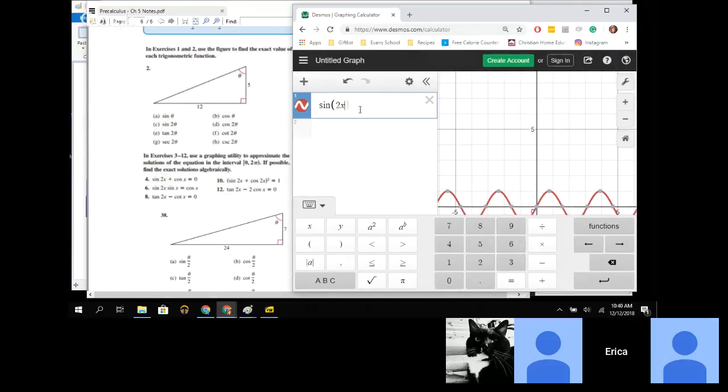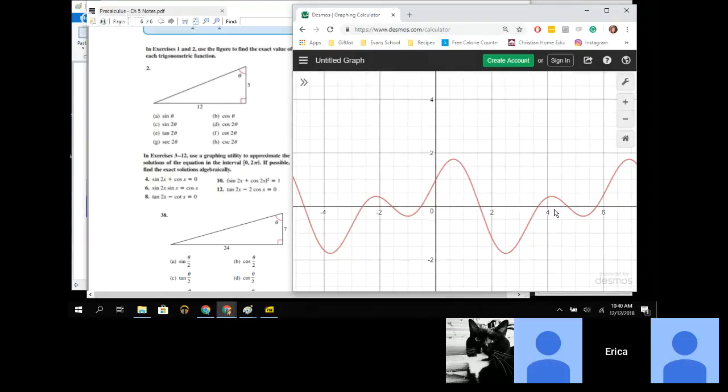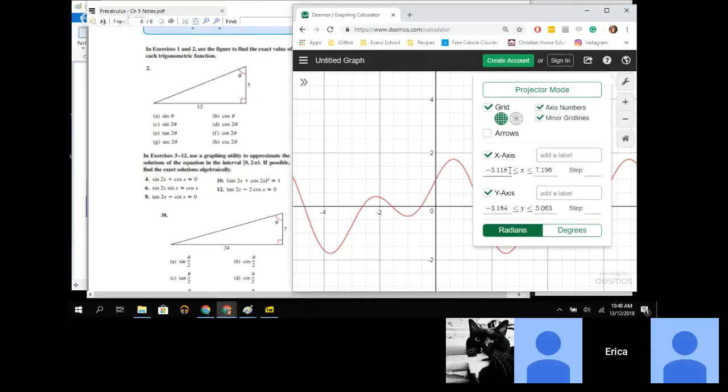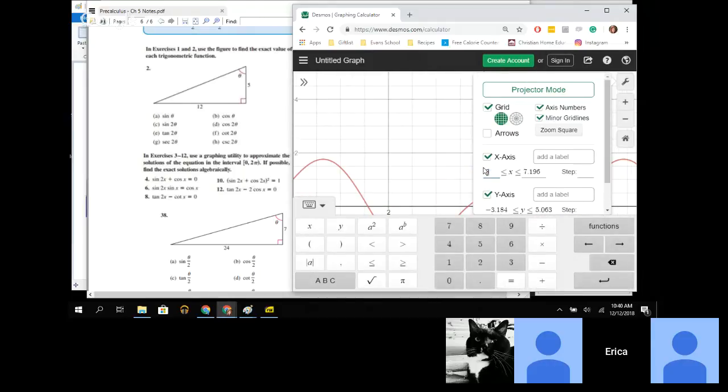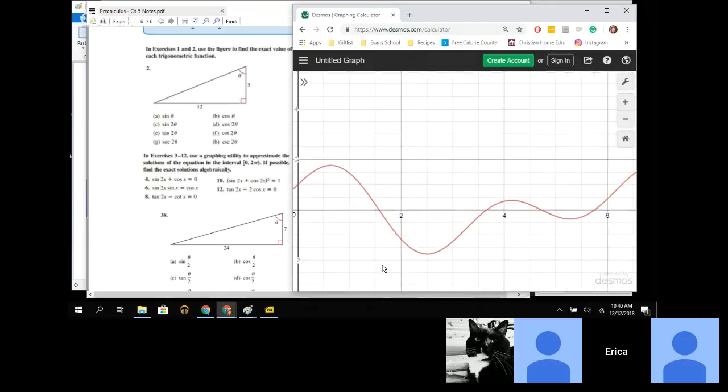So the sine of 2x plus the cosine of x. We want to know where that equals 0, basically between 0 and 2 pi. So where are all the places it equals 0?